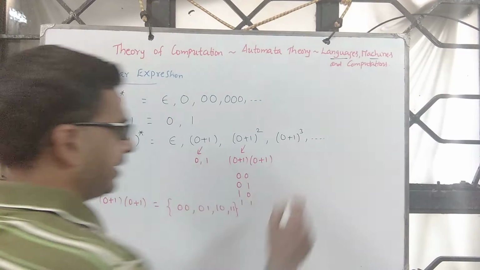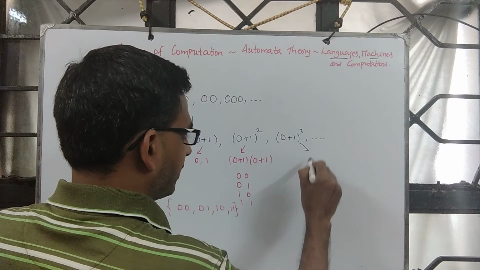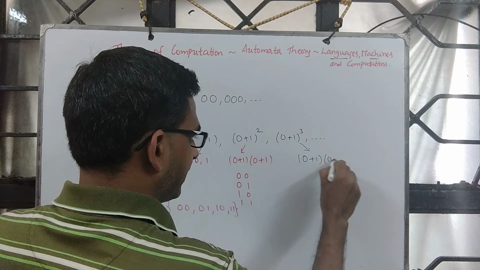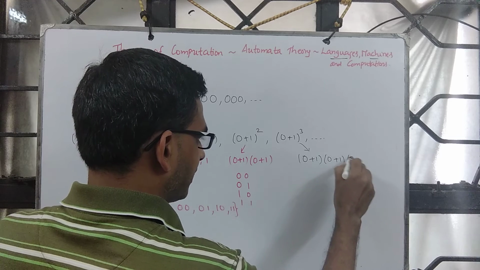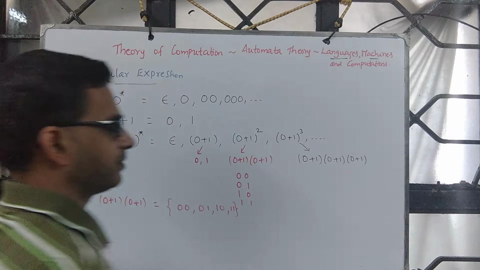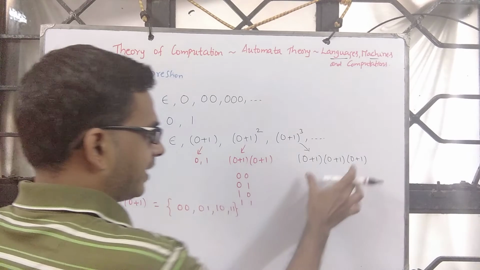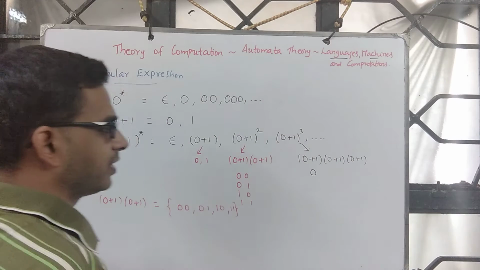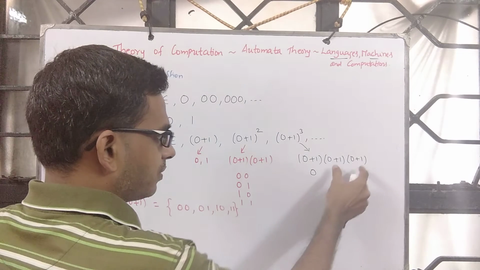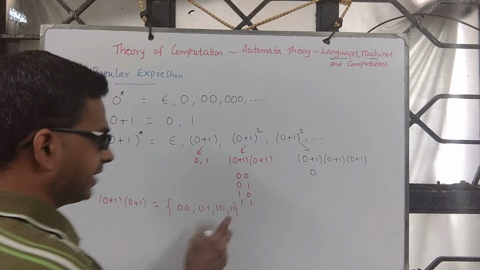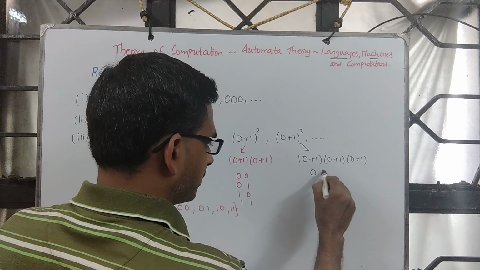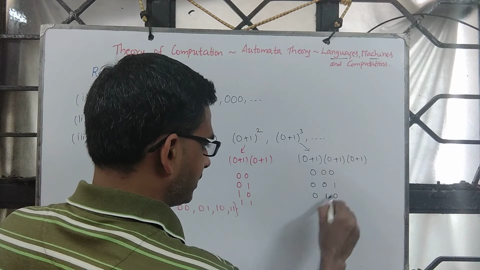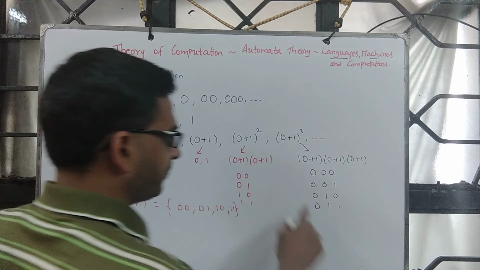On a similar line, when you write (0+1) cube, it means (0+1) concatenated with (0+1) concatenated with another (0+1). Now you will get all possible strings of length 3. You take 0, and from this you can get these combinations: 0 0 0, 0 1 1, 0 1 0, 0 1 1.